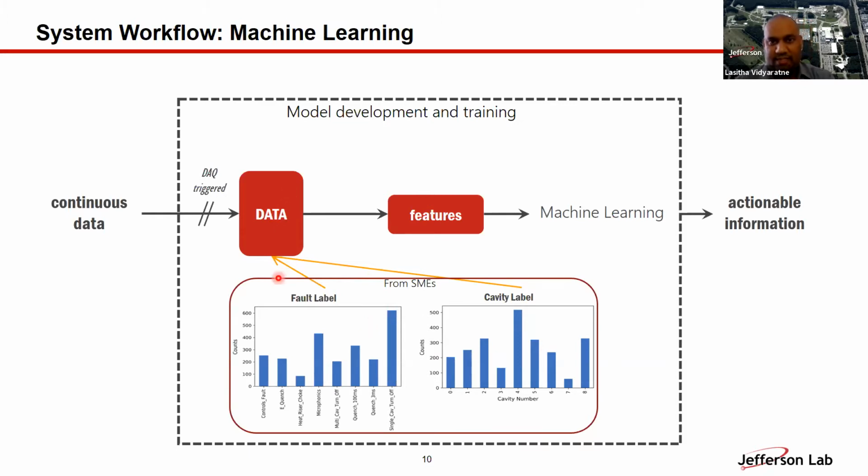We use this data set to proceed with machine learning model development, which usually involves feature engineering, feature selection possibly, and then figuring out the best classification algorithm for our data. And to ultimately provide actionable information for the operators as our end goal.